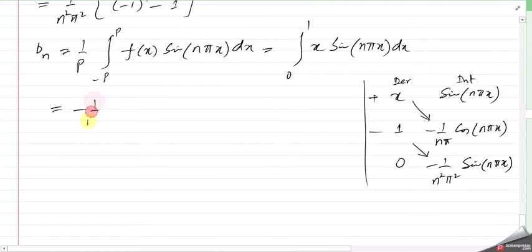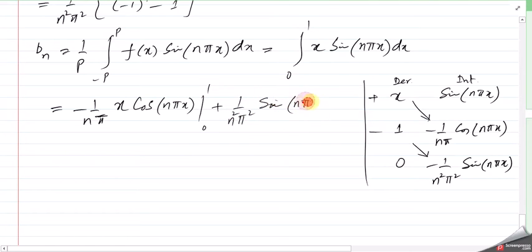That would give minus 1 over n pi x cos n pi x from 0 to 1 plus 1 over n square pi square sine n pi x from 0 to 1.